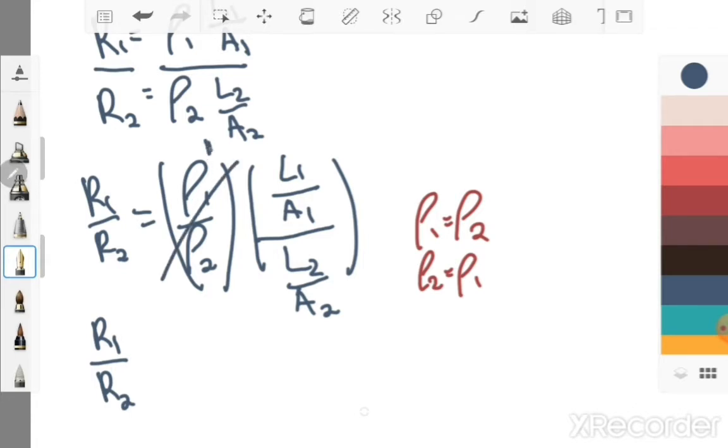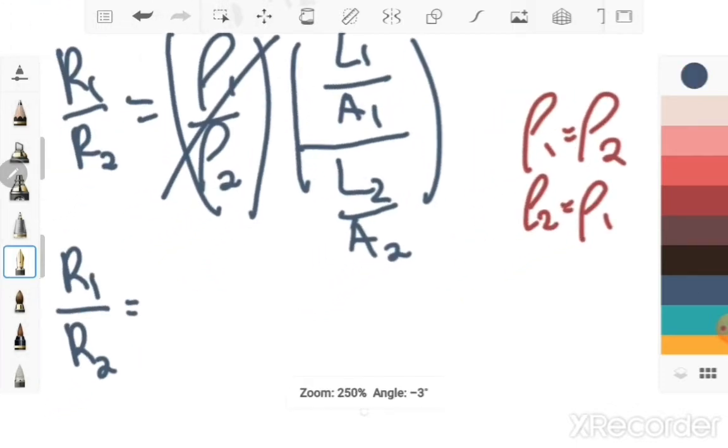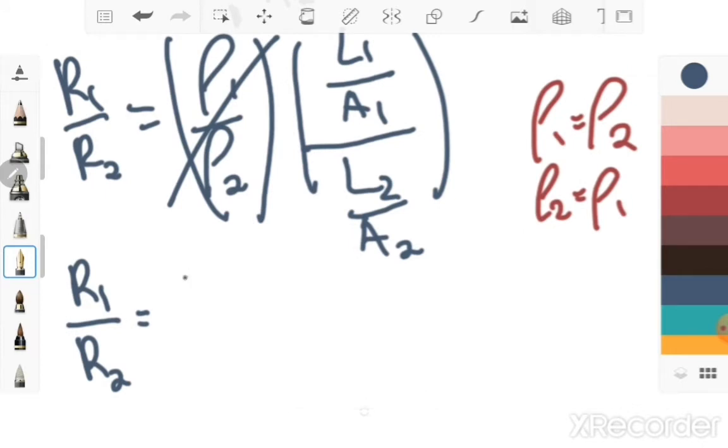This is now therefore equal to 1. Okay, so we have a formula equal to L1 over L2, multiplied by A2 over A1.